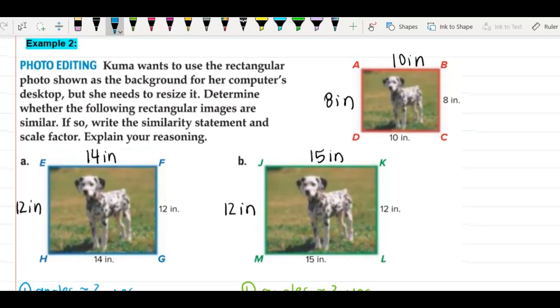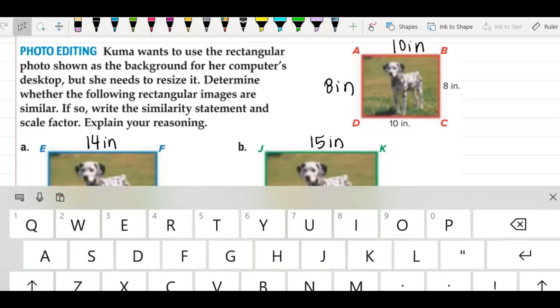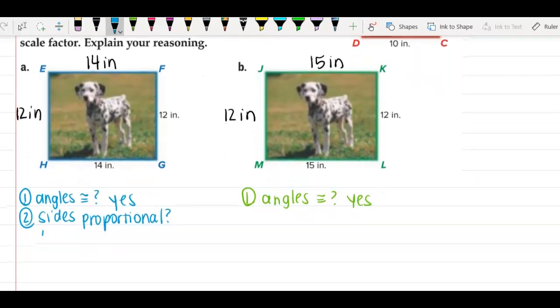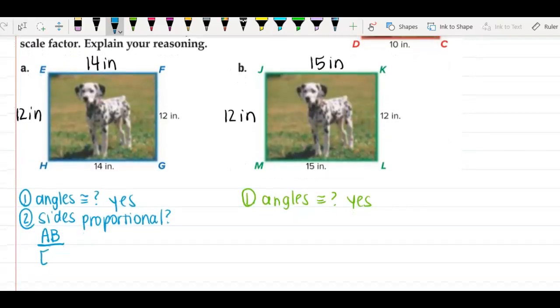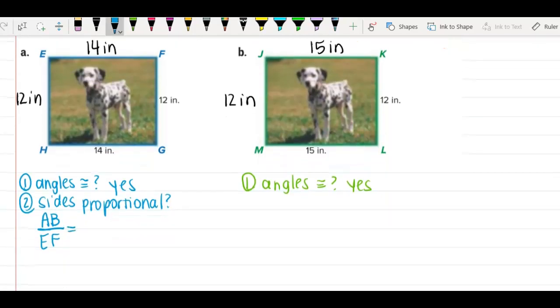It's really up to you how you want to do this. If we want to go red over blue, that's fine, or you could put blue over red. It really doesn't matter. But if I said AB from our red, I'm saying the top, above the dog's head, A to B would have to correspond with EF, which means AB was 10 and EF is 14.